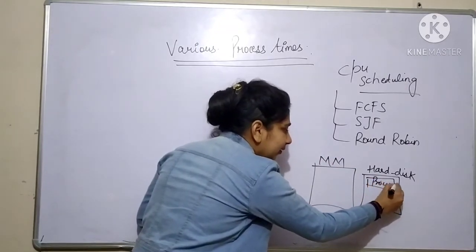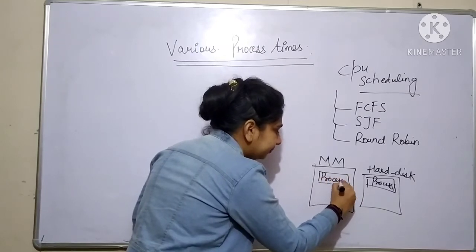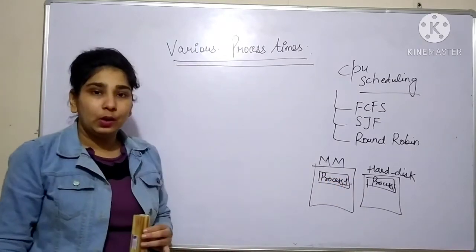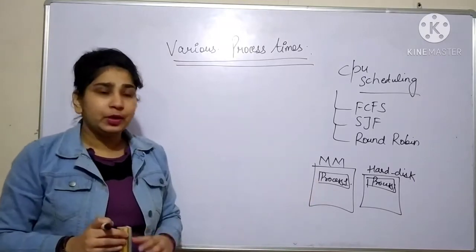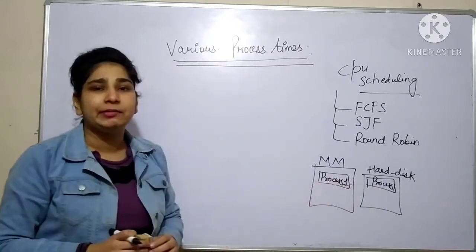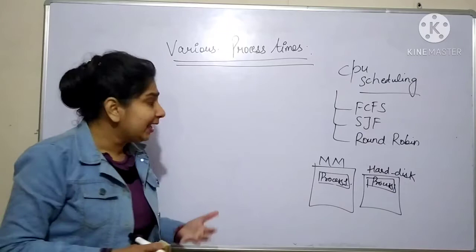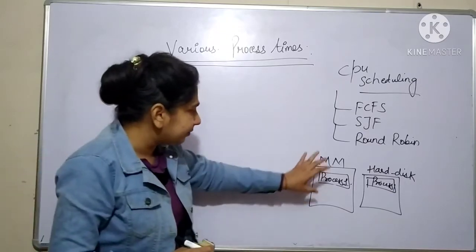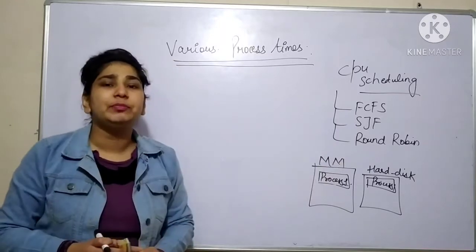I am going to load it into the main memory. And we should know at what point of time your process is coming from the hard disk into the main memory.